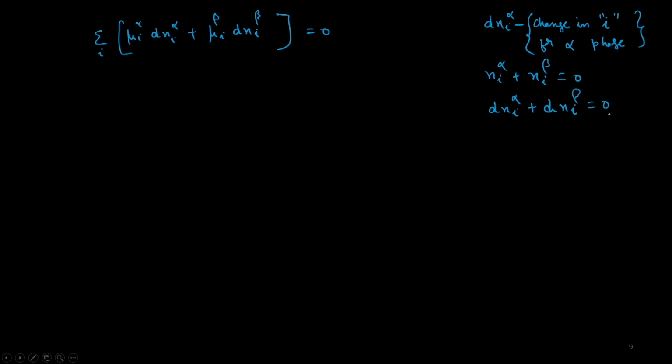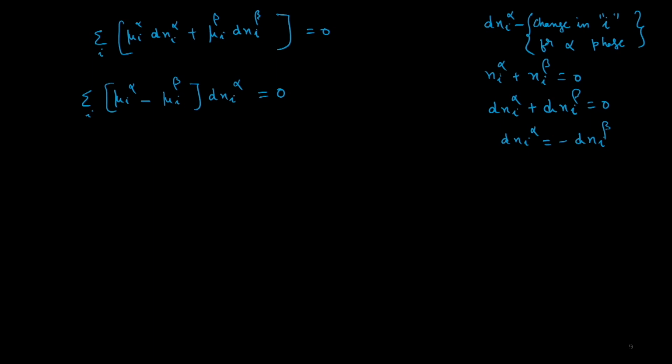So the number of moles that have disappeared from one phase have to appear in the other phase, or in other words, dNi alpha is the negative of dNi beta. So if I take that, then this equation reduces to sum of mu i alpha minus mu i beta times dNi alpha is equal to 0, right?